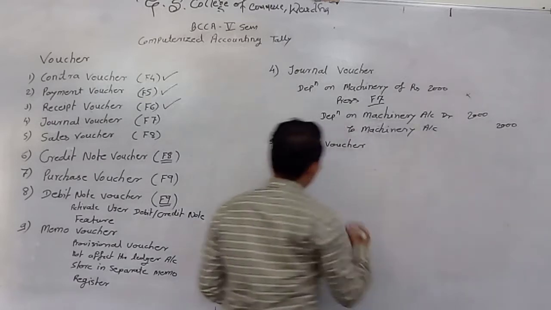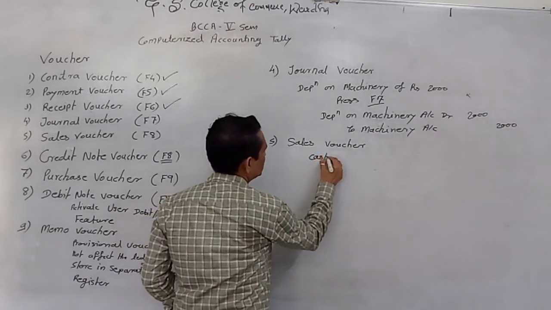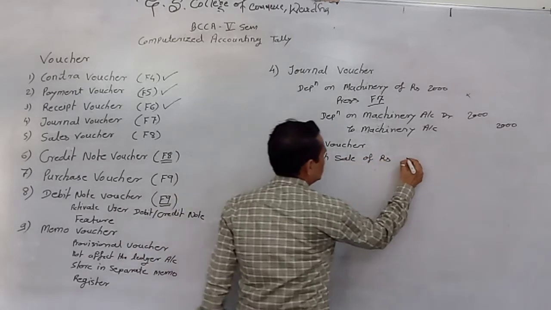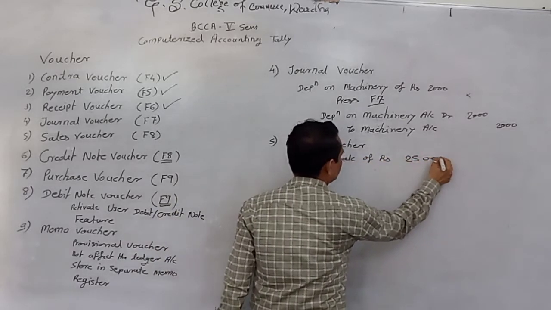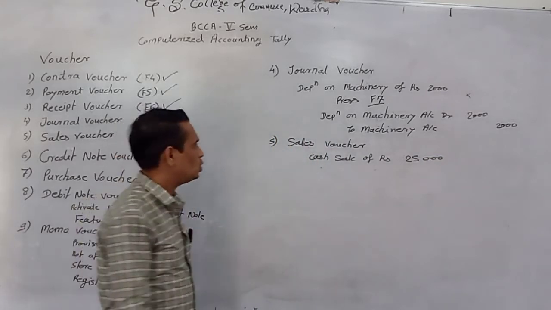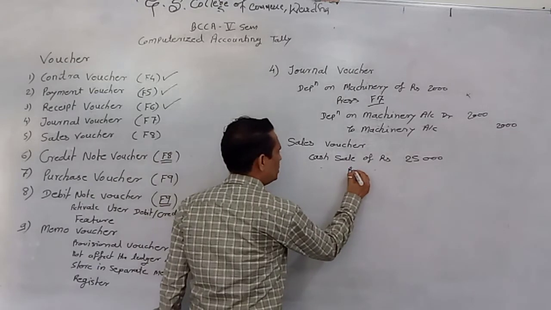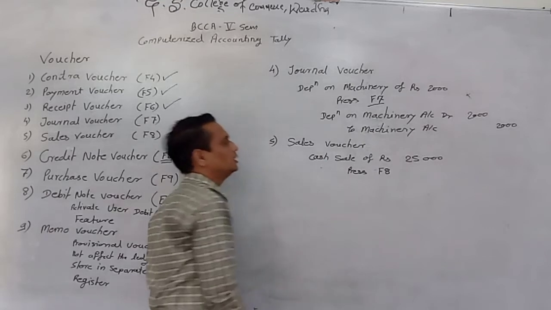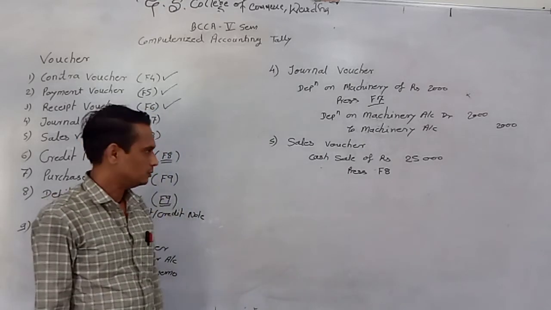For example, cash sale of rupees 25,000. This transaction can be recorded using F8, that is the sales voucher key.